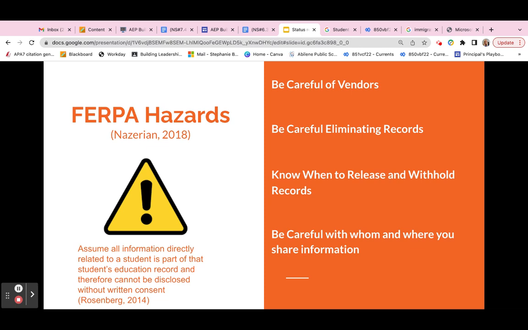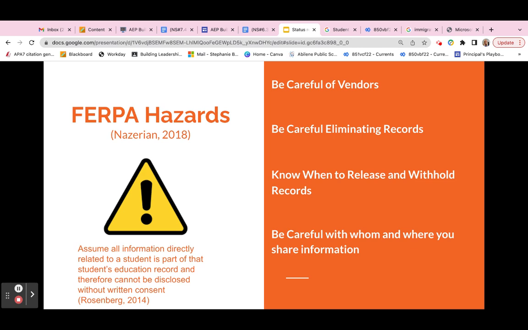And be careful with whom and where you share information. An inappropriate disclosure to just one person and an inappropriate disclosure to thousands of people on social media are both FERPA violations. It's easier to disclose to 1,000 people, definitely in the social media age that we are in right now.